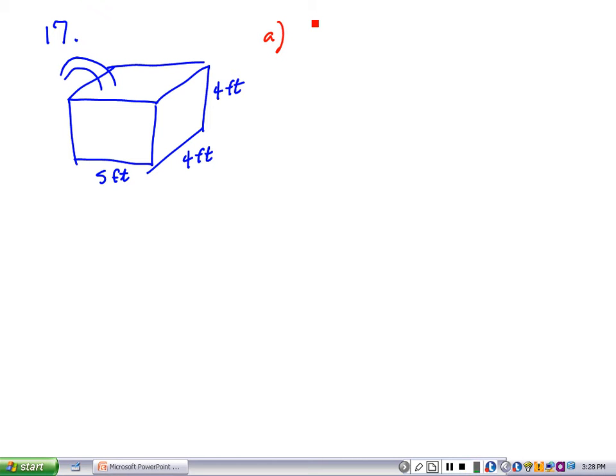Here we're looking for the so-called work, and this is the integral. Since this is fluid, I need to talk about the volume.